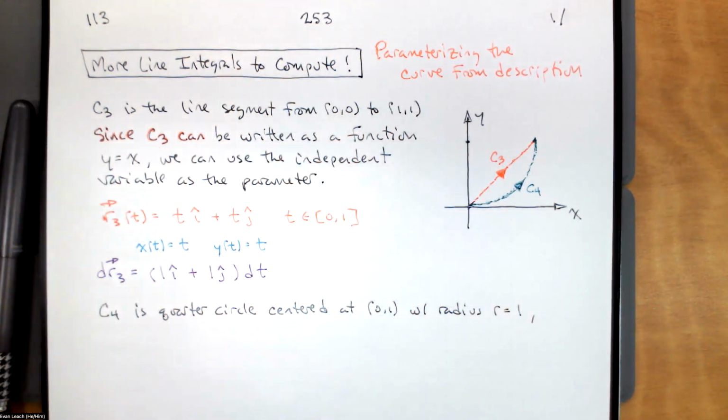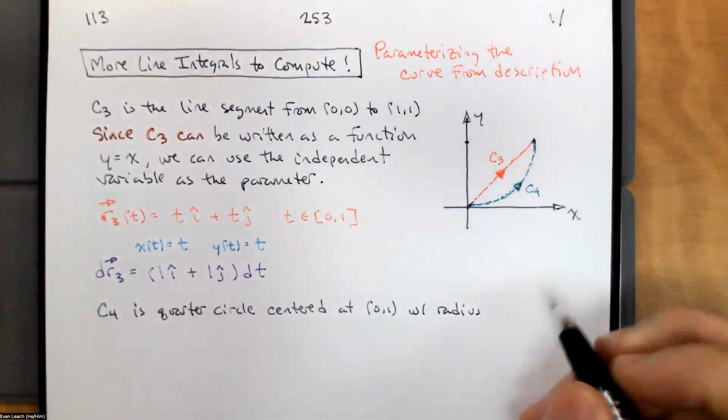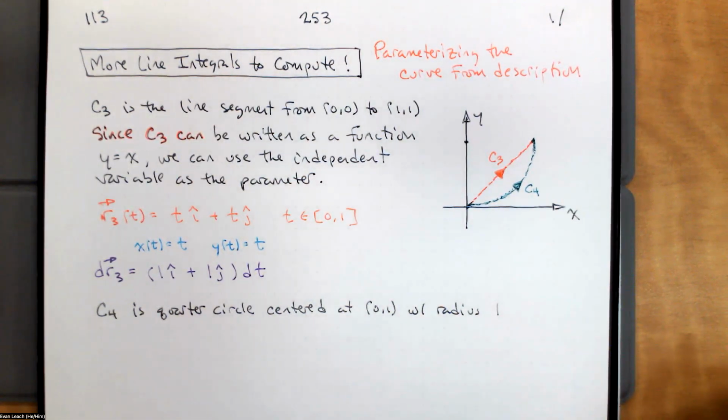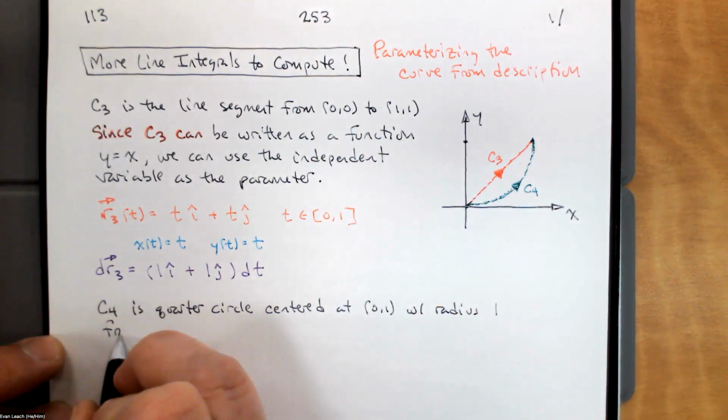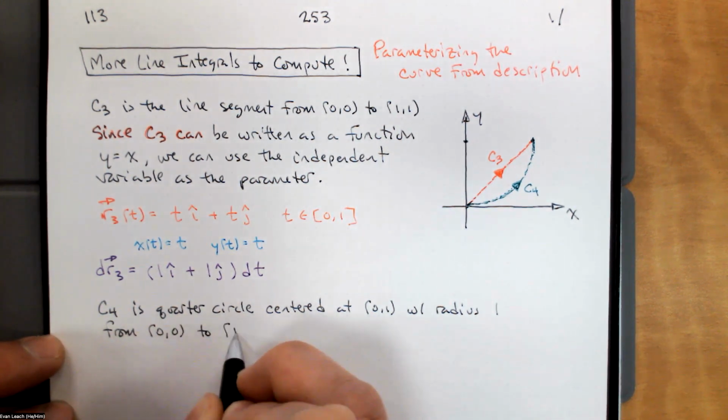Well, I shouldn't call it R though, because I'm about to be naming the whole thing r. Radius. And we're still going from 0, 0 to the point 1, 1.